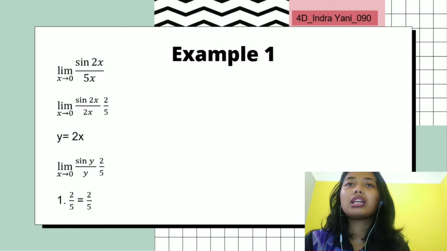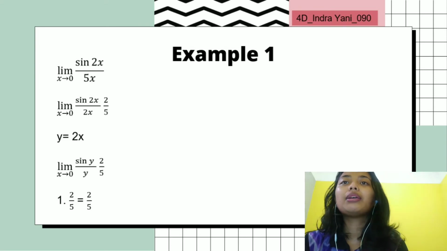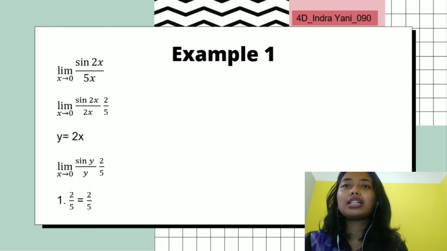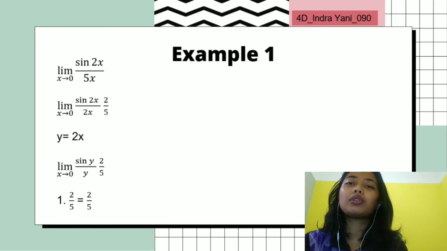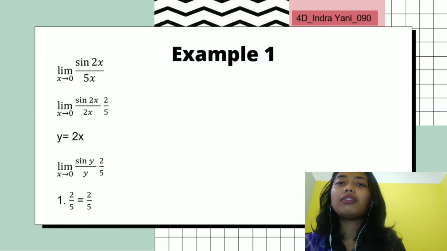Once these two values are the same, you can use substitution. We let y equal 2x, so we change the expression to the limit as y approaches 0 of sine y divided by y times 2 over 5.